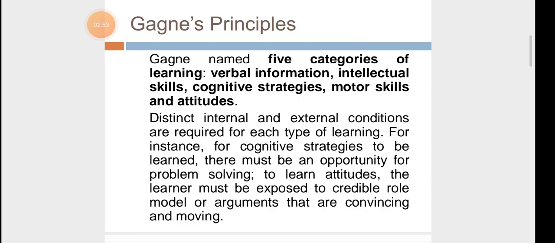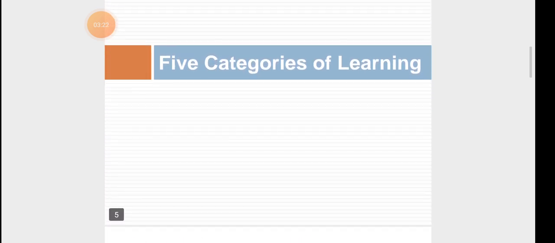To learn attitudes, the learner must be exposed to credible role models or arguments, especially debate in school, that are convincing and moving. That in school should develop the confidence of the student, their ability to recite and stand out on his or her own. The five categories of learning.